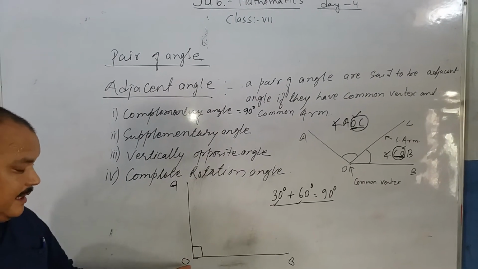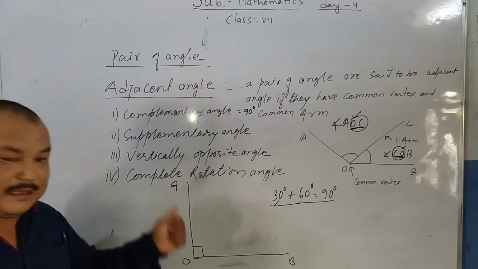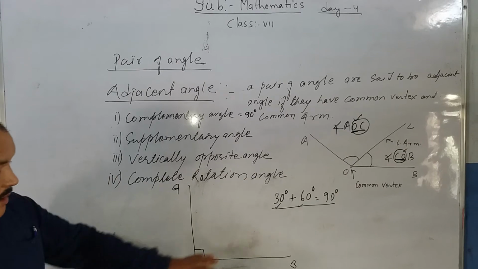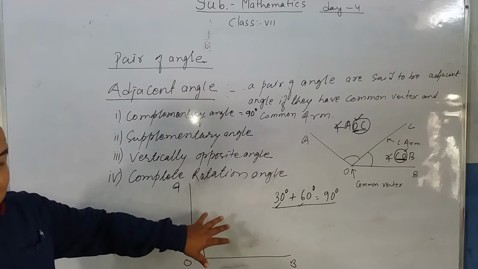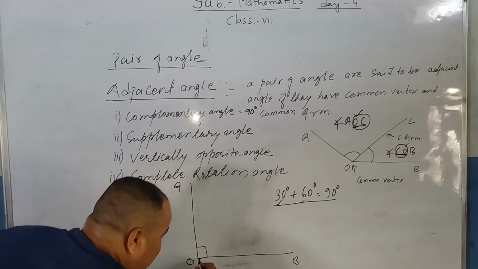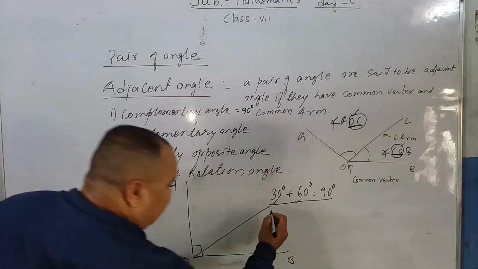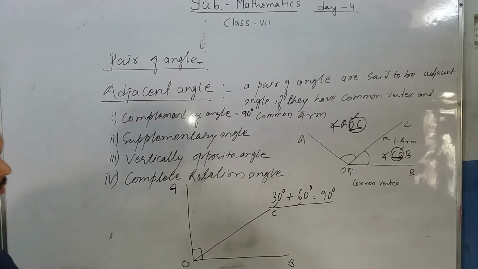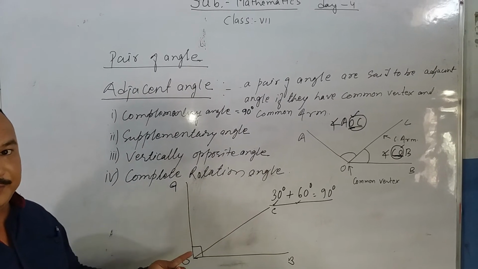Now, these single angles are not adjacent angles, because there is only one single angle. So to make adjacent angles, we draw another line here, and it is C, and now the figure becomes complementary.